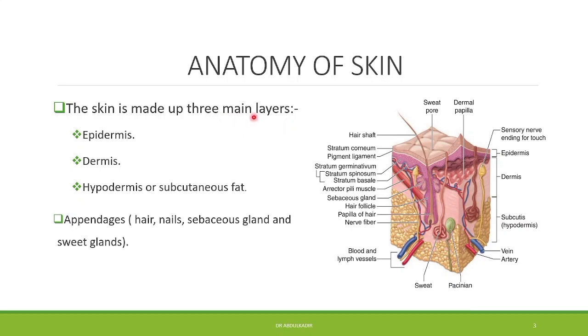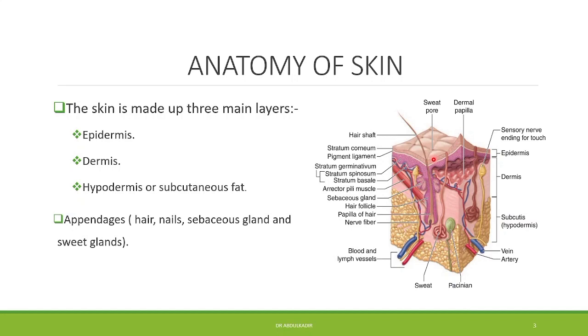Skin is mainly composed of three layers, as we all know, which are epidermis, dermis, and hypodermis. And there are appendages, which are hairs, nails, sebaceous glands, and sweat glands. The epidermis is the outermost layer of the skin.